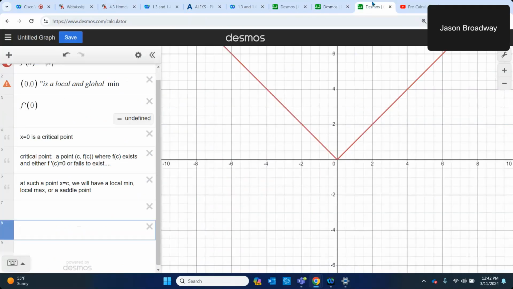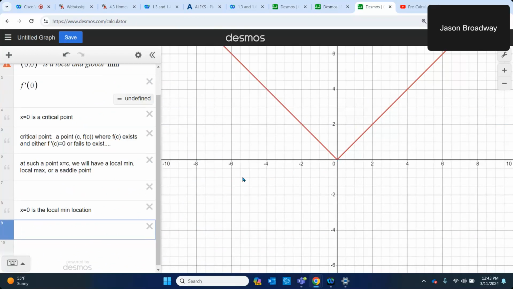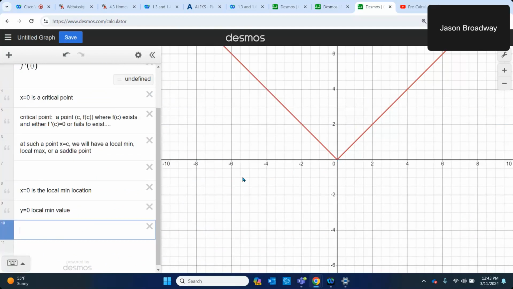For the absolute value function, we have a local and global minimum at the origin 0, 0. x equals 0 is the local min location, and of course y equals 0 would be the local min value, just to keep the notation straight.